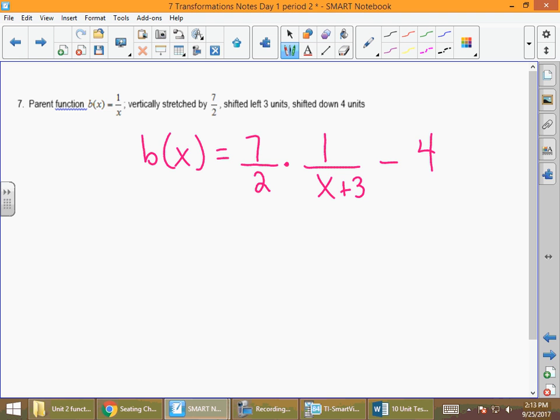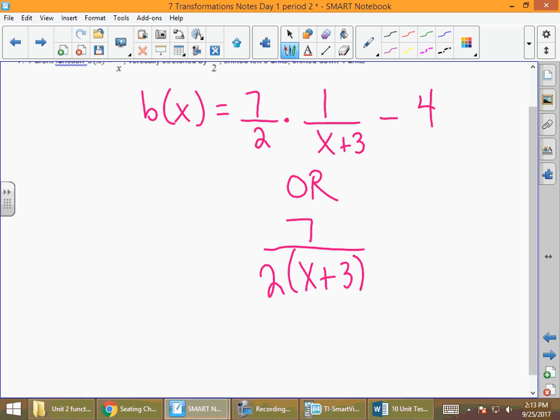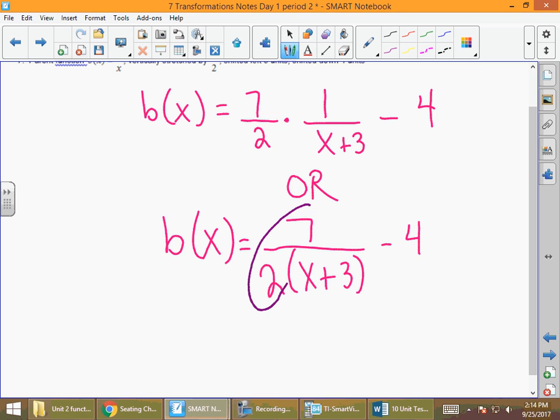And let me just say that you might want it written like this: 7 over 2 times 1 over x plus 3, minus 4. And just a reminder here that what we were dealing with when we were looking at the transformations, I circled like this. That might be helpful for you in terms of that vertical stretch.